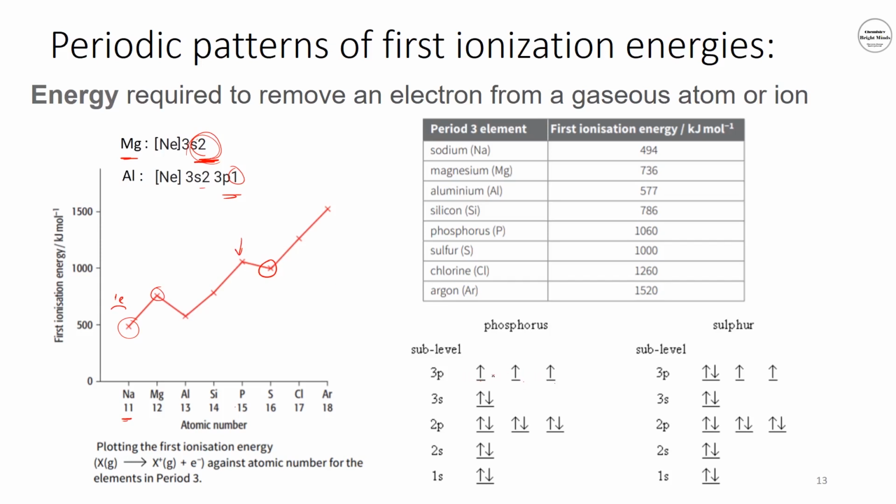The 3 electrons are not paired, but in sulfur I have 4 electrons, and of the 4 electrons, one pair is paired. This is why it is easier to remove first this electron, which is in the opposite direction, then we remove the rest of the parallel electrons. So the reason behind this drop is actually the pairing of electrons in the case of sulfur, while in phosphorus the 3 electrons are non-paired electrons.